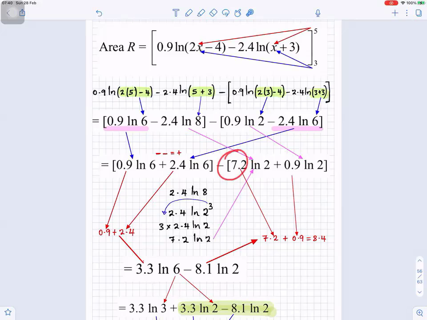And 7.2 and 0.9 will give you 8.1. Remember, 2.4 ln 8: 8 is the same as 2 cubed, 2 times 2 times 2, so the 3 can come in front. 3 times 2.4 gives you 7.2 ln 2. That's how we got 7.2 ln 2 there, because we changed the 8 as 2 cubed and put the 3 in front.